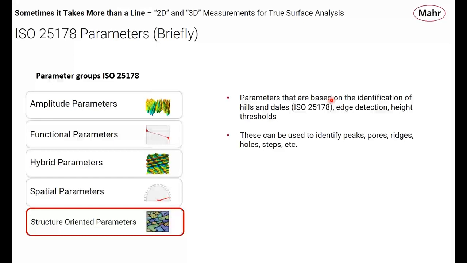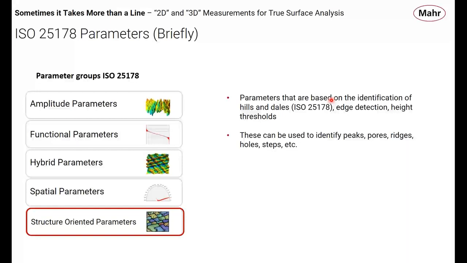The final parameter grouping is structure-oriented parameters. These are based, in a nutshell, on fundamentally identifying hills and dales on our surface, as well as some edge detection and thresholding. So it's looking for individual features and automatically identifying and isolating them so that we can analyze them.